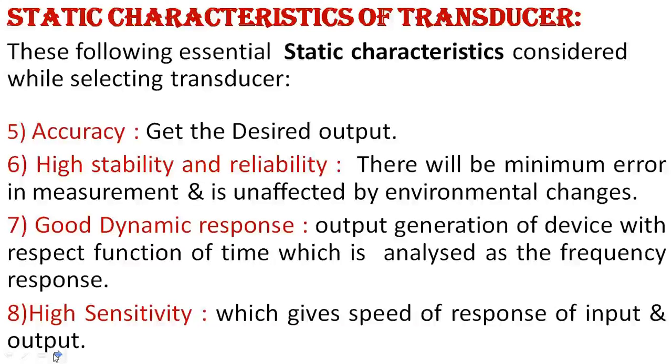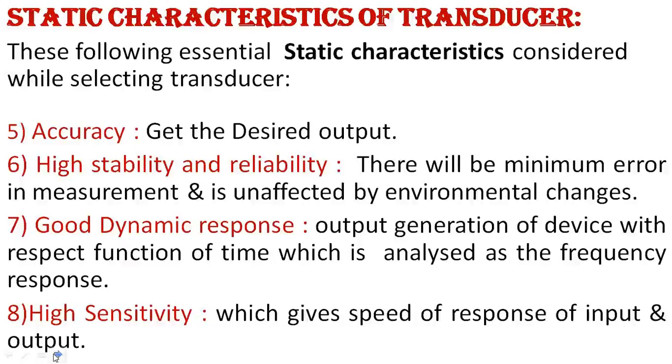The next one is good dynamic response. When the input changes, the output also changes, so we require a good dynamic response. Whatever percent the input increases, that much percent the output increases. You will say that is the good dynamic response of the system.